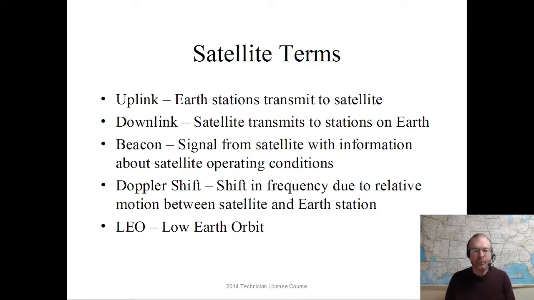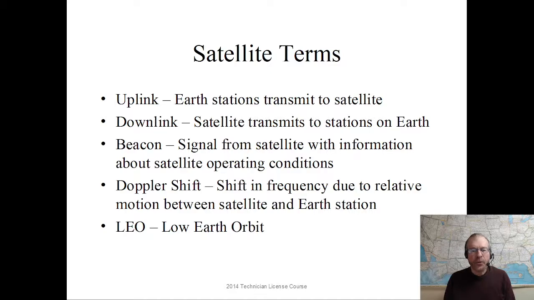So you have to be aware of Doppler shift. If a satellite is moving away from us, the frequency is usually lower, and if it's approaching us, then the frequency would be a little higher.